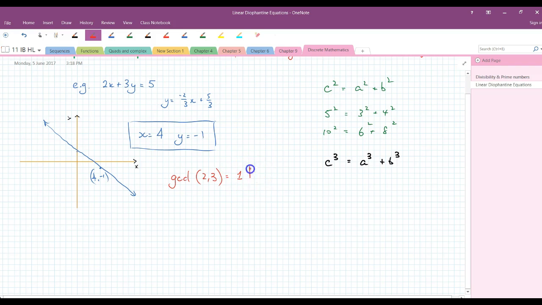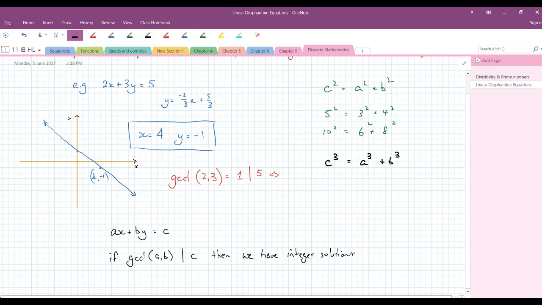Now 1 does divide 5, so therefore, if these coefficients a and b, in this general linear equation ax plus by equals c, have a greatest common divisor that divides c, then we have integer solutions.